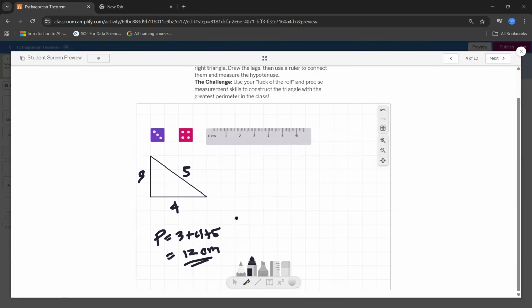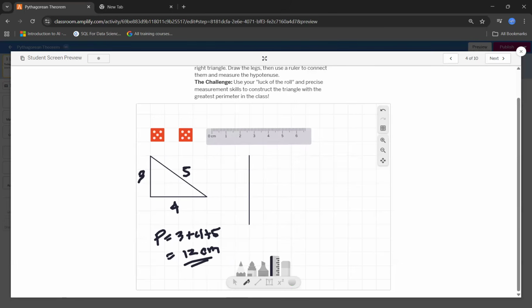Now let's try another one. Maybe we could get higher than 12. Let's see. Let's roll the dice again. Oh, we get 5, 5. We have the ruler here. So we have one, two, three, four, five.